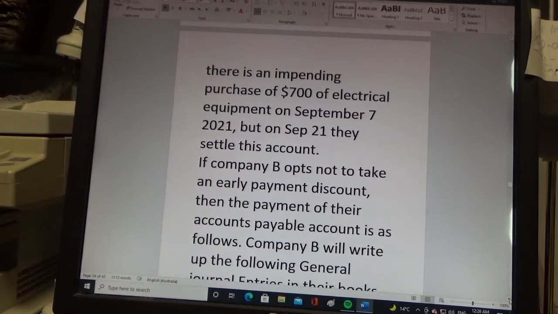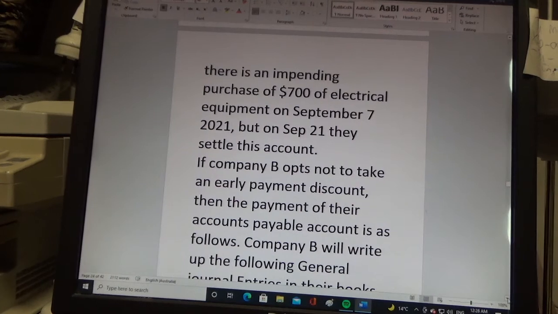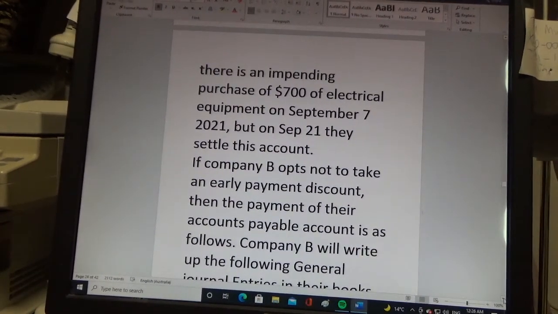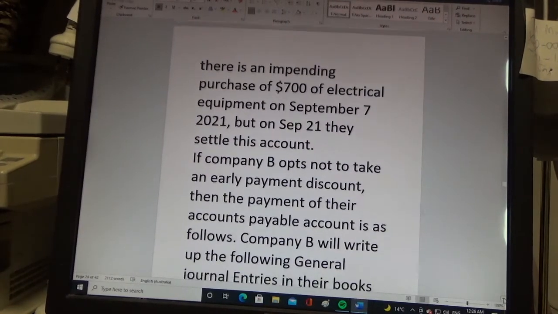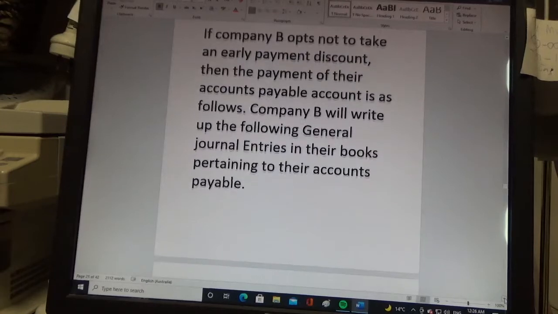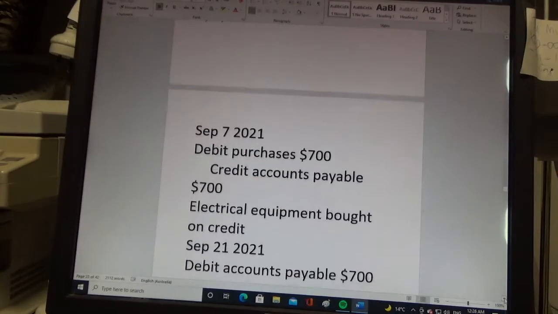So they take a bit of a loan for a short period within a month. If Company B opts not to take an early payment discount, then the payment of their accounts payable account is as follows. Now you've got to remember that this is from your company's point of view. From Company B, that's their books. Company B will write up the following general journal entry in their books pertaining to the accounts payable. Now this is the original transaction on September the 7th.